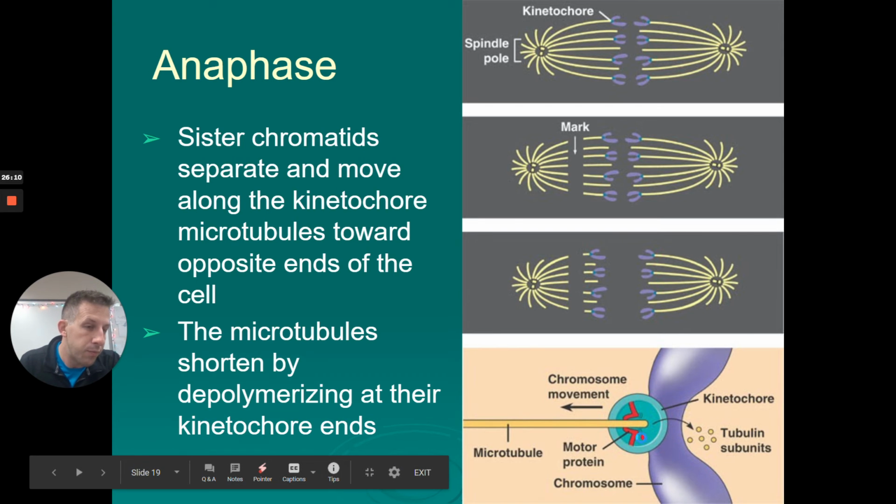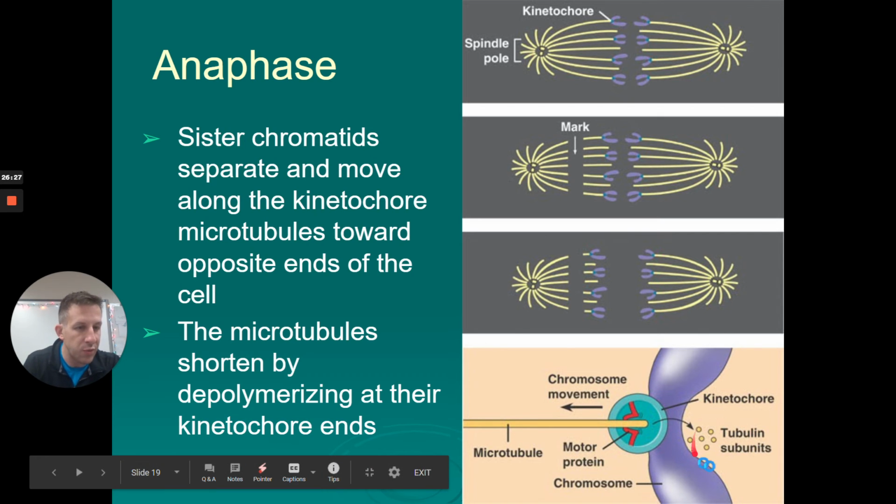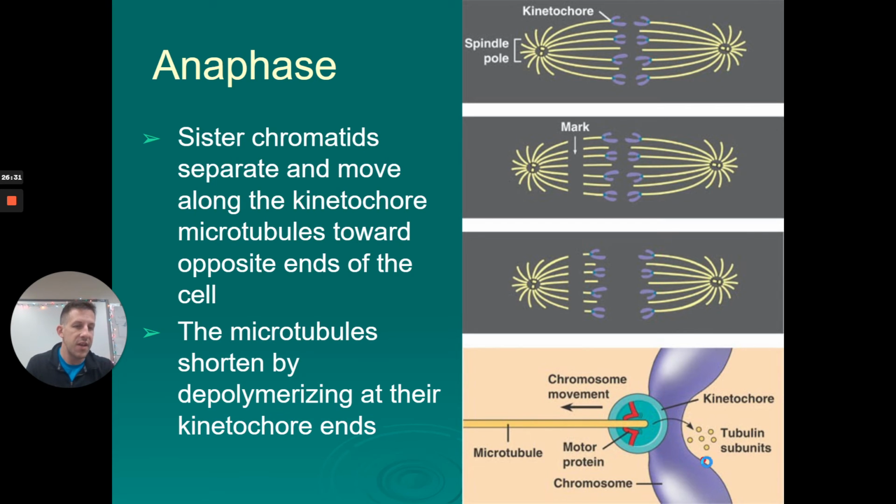And the motor proteins drive back this way, if you follow the cursor, with the chromosome attached. After that road is used, it's not needed anymore, so the cell breaks it apart. That's what you see here where it says tubulin subunits. That's just evidence that the road is broken down after the kinetochore moves past it.